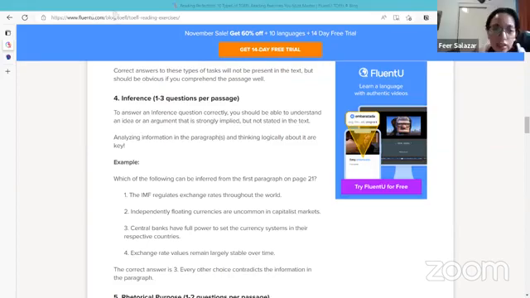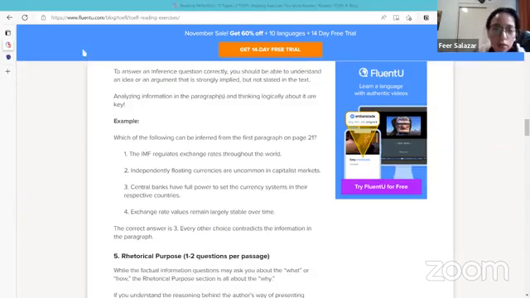Continue. Analyzing information in the paragraphs and thinking logically about it are key. Example, which of the following can be inferred from this first paragraph on page 2? The IMF regulates exchange rates throughout the world.